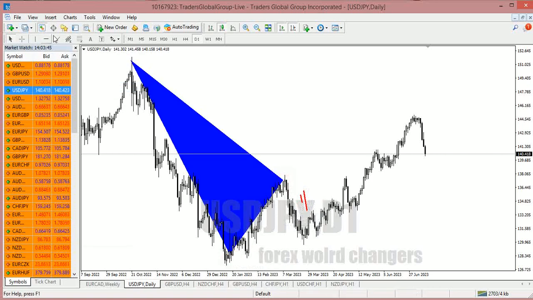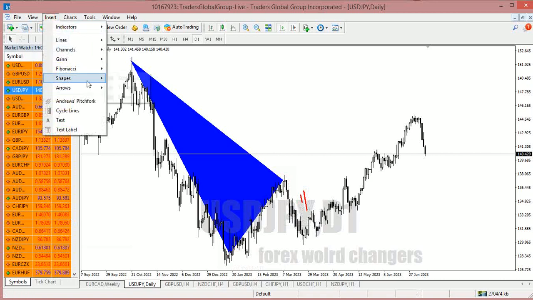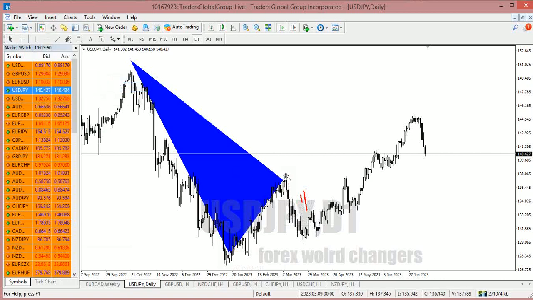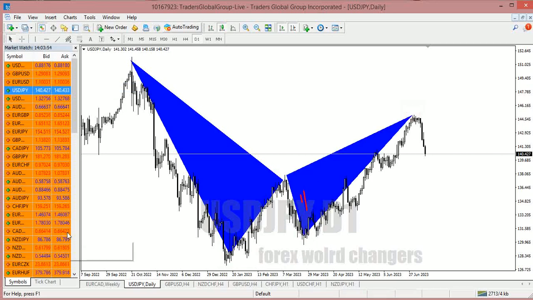From this point to another point here, we have another butterfly. 1, 2. Those are just basic. That's another flag showing us this thing might actually go down.